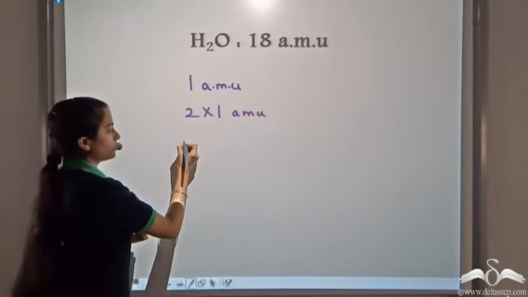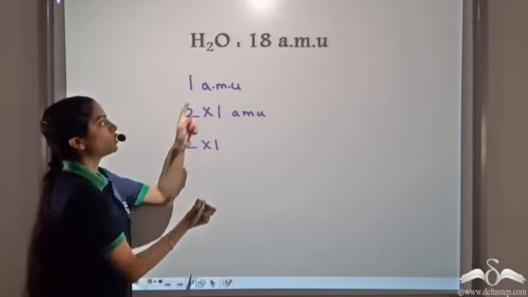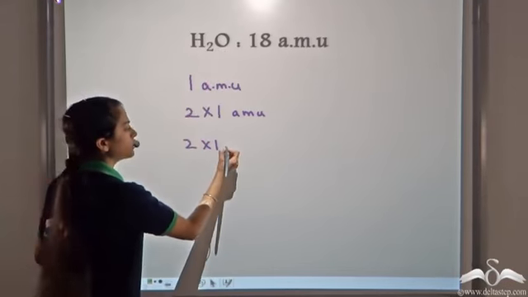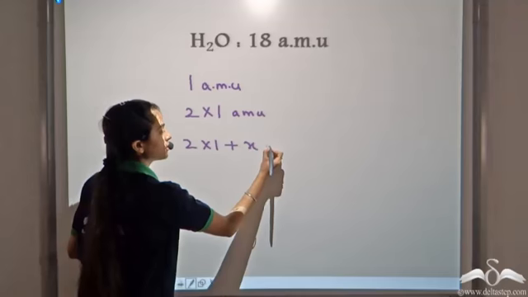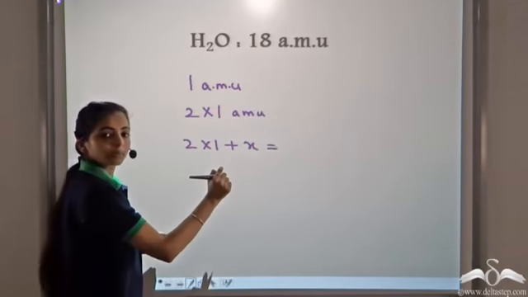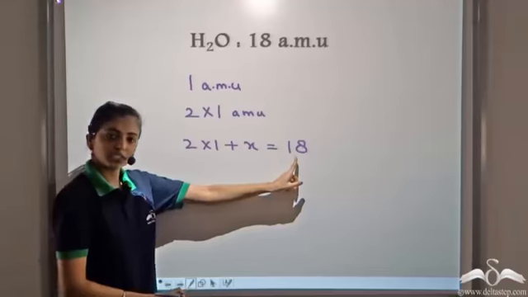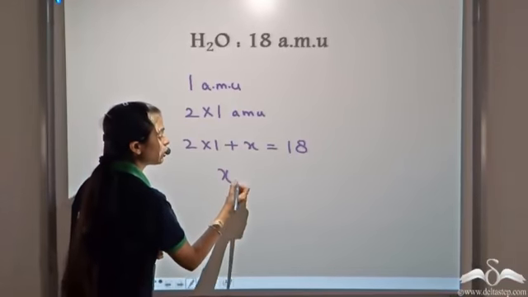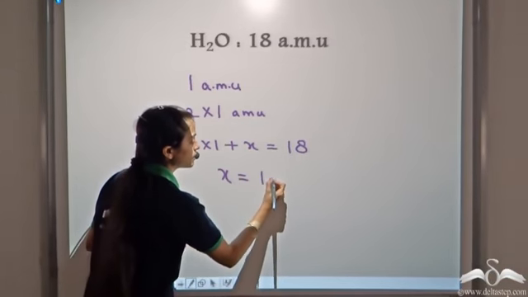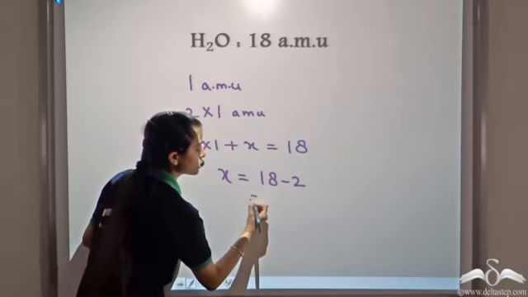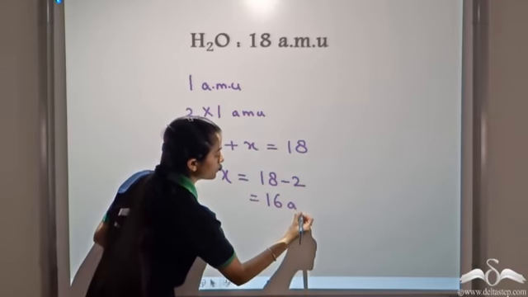Now we do not know the atomic mass of oxygen. Let's take it to be X. And we know the atomic mass of water, or one molecule of water, which is 18. So we get the atomic mass of oxygen is 18 minus 2, or 16 atomic mass unit.